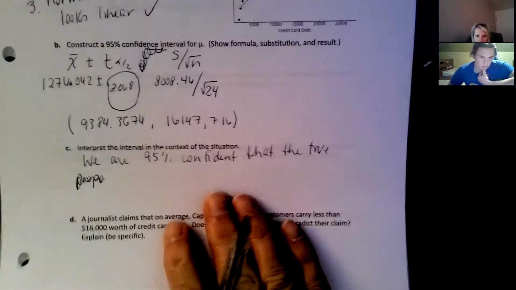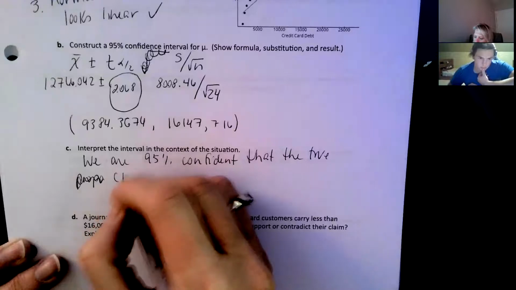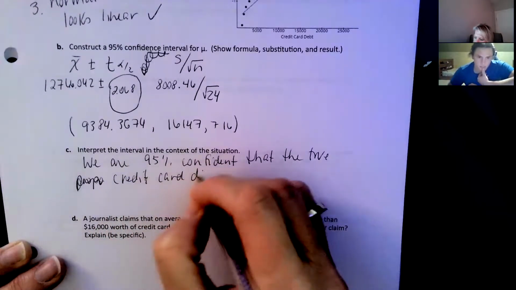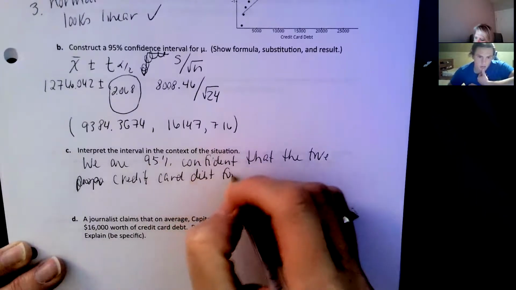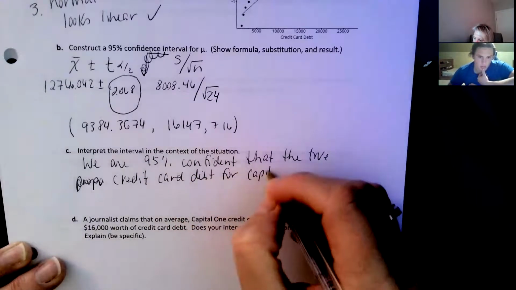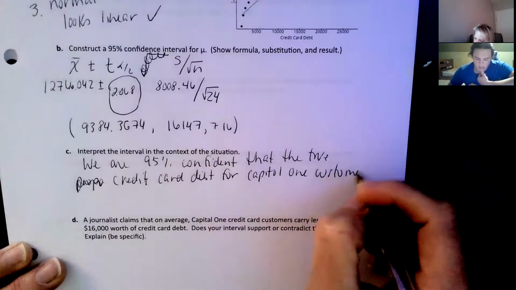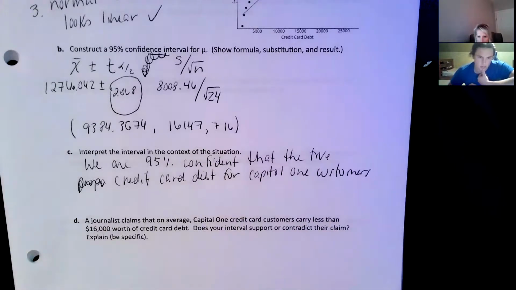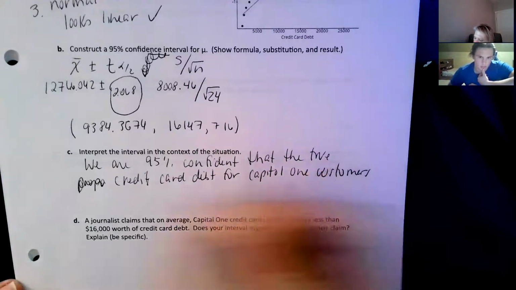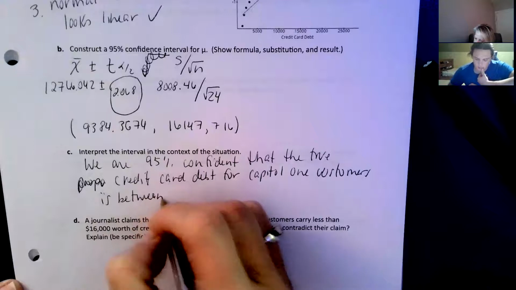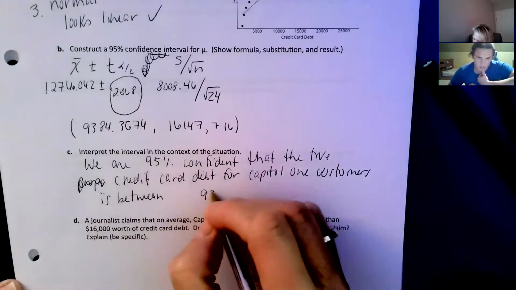So I agree with everything to here. We are 95% confident that the true, let's say, credit card debt for Capital One customers, now you can probably finish it, have credit card debt between $9,384.37.